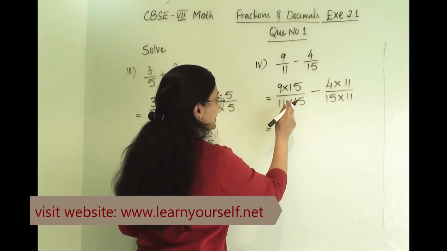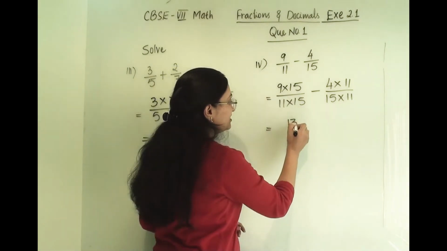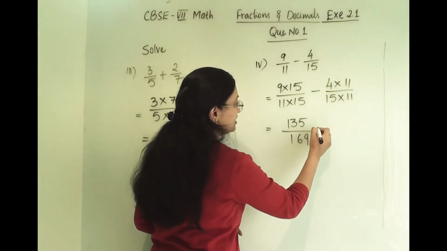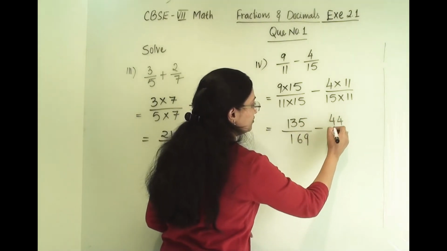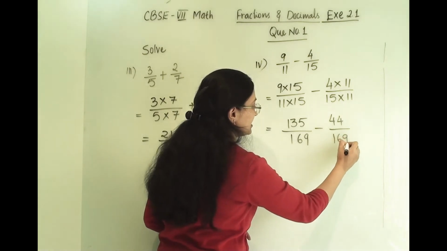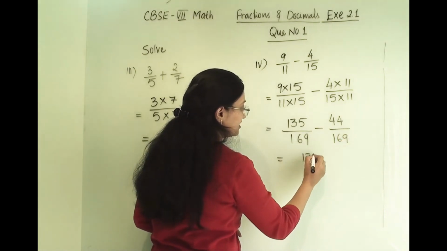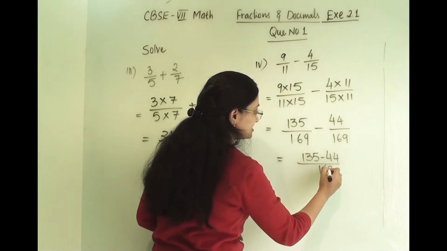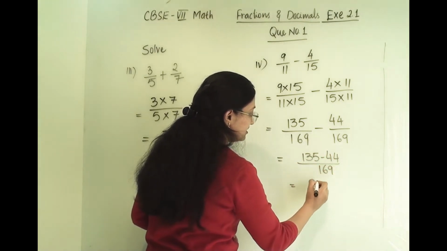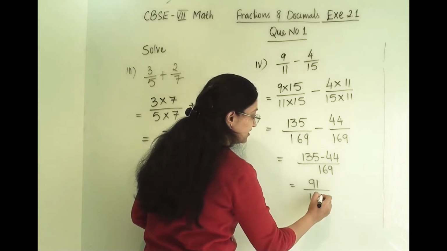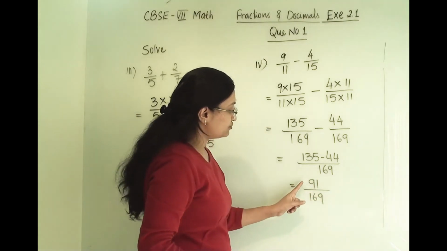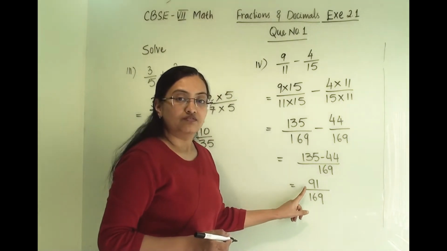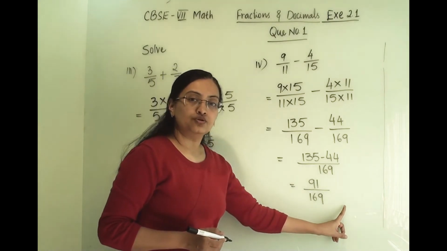Here we will get 15 nines are 135 divided by 165 minus 44 divided by 165. So we will get 135 minus 44 divided by 165, which is 91 divided by 165. Here also the numerator is smaller than the denominator, so we do not need to change into a mixed fraction.